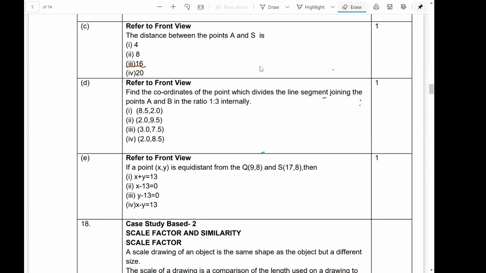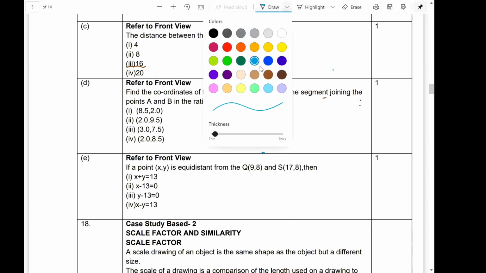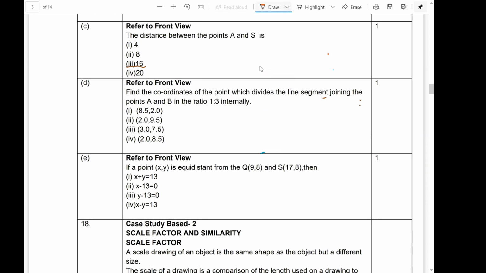And the last subdivision of this case study question is, if the point (x, y) is equidistant from Q(9, 8) and S(17, 8), then.